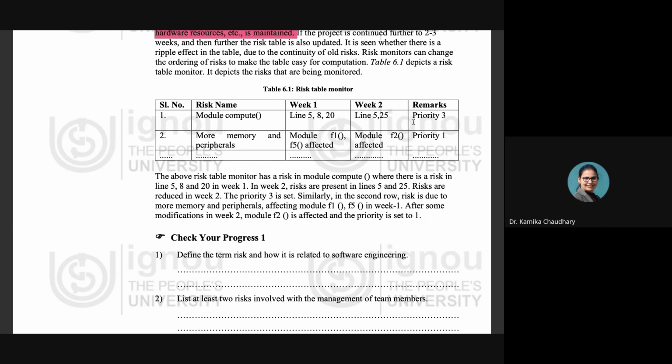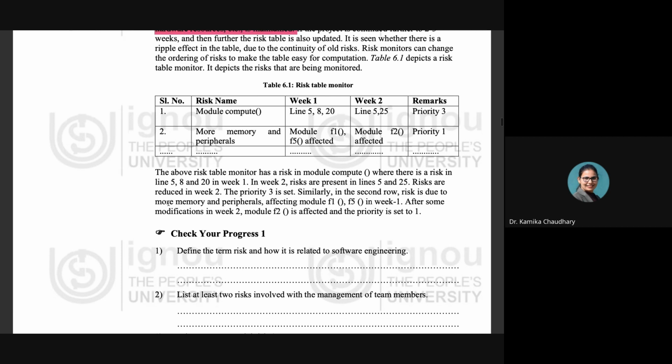Priority means how strong the risk is, that is, how much is the probability of that particular situation happening, and according to that probability these priorities are set, and according to these priorities these risks are managed and maintained.